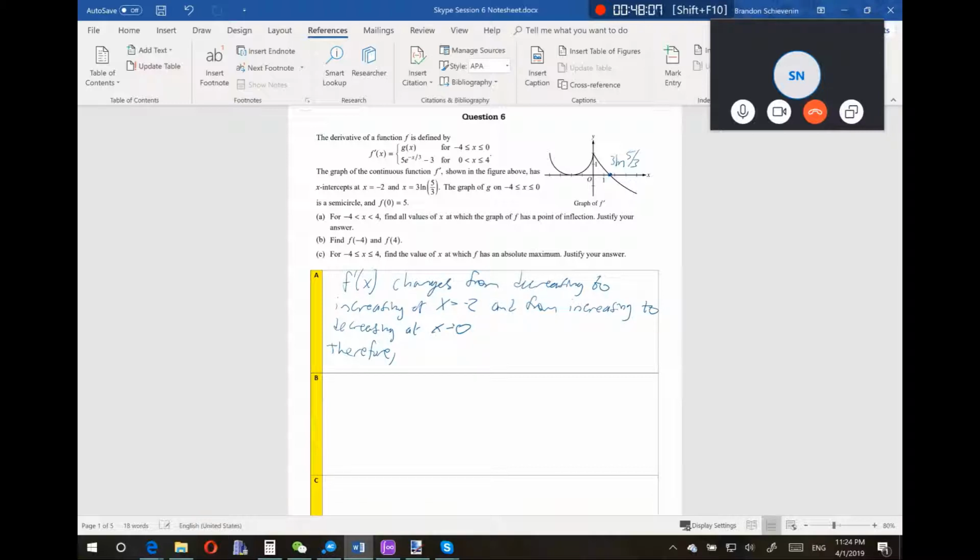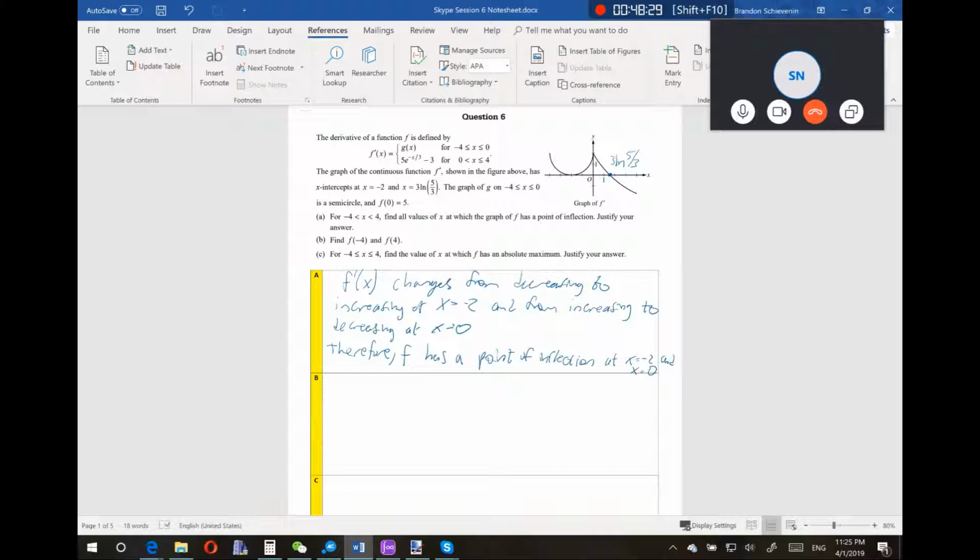Therefore, f has a point of inflection at x equals -2 and x equals 0.